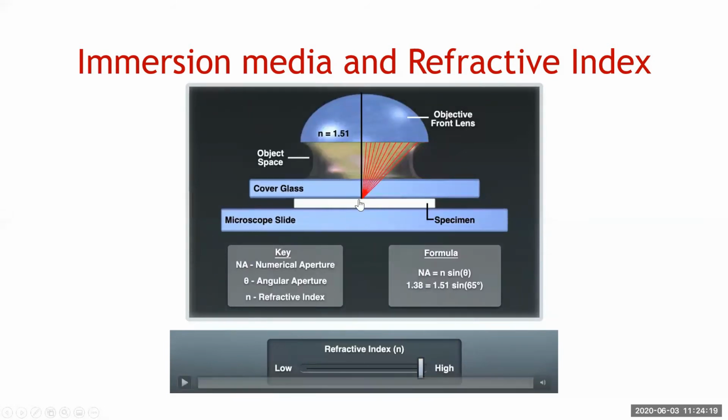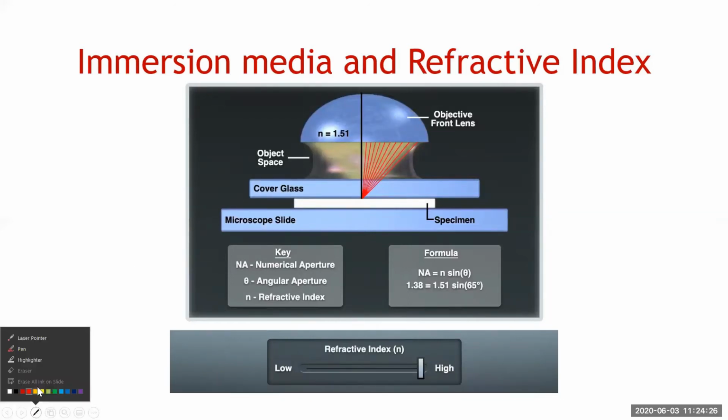You see now the rays are not being refracted at all and are making it into the objective. That's because now you have oil, which has a very similar refractive index to glass, so it really doesn't have anywhere to refract. So this is kind of how immersion media works.